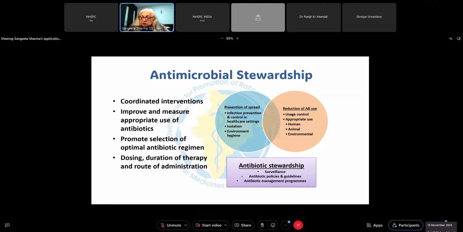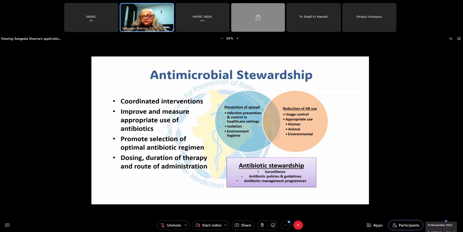You must have observed, when the external assessors go, they ask the staff whether they are aware of this antibiotic policy or not. Most often we find that people are not aware. It remains confined to only those people who developed it.